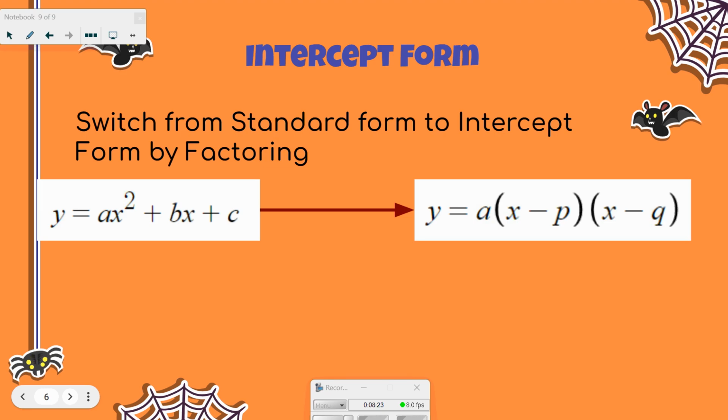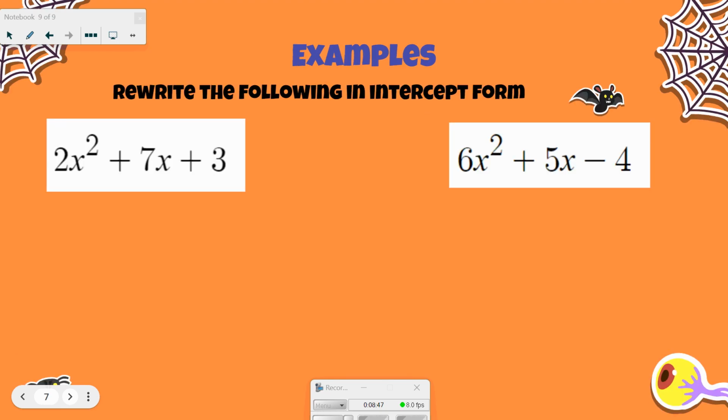So that means that's like your factor if it was stretched or compressed or had a reflection. That a is going to tell us that when we are in our intercept form. So let's just make a prediction. If it's called intercept form, what do you think intercept form also will tell us? The intercepts, you got it. So we'll see more about that in a minute.